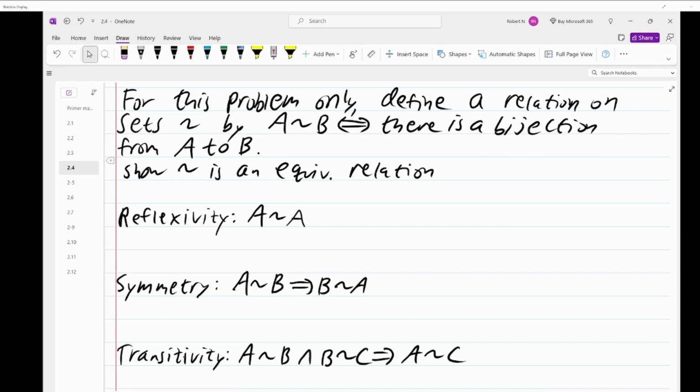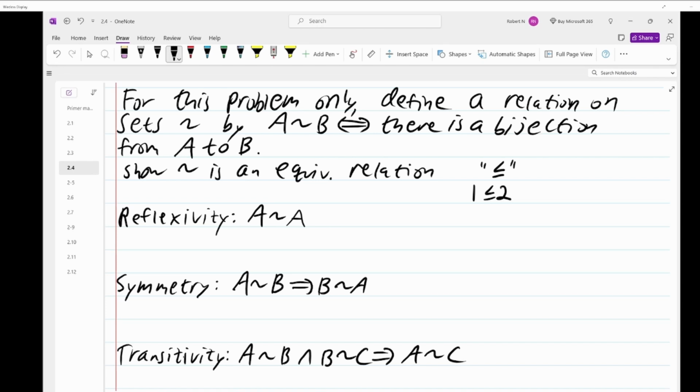A relation is a way to compare two objects. Frequently, less than or equals is used as an example of a relation. 1 is less than or equal to 2. It's a way of comparing two things.